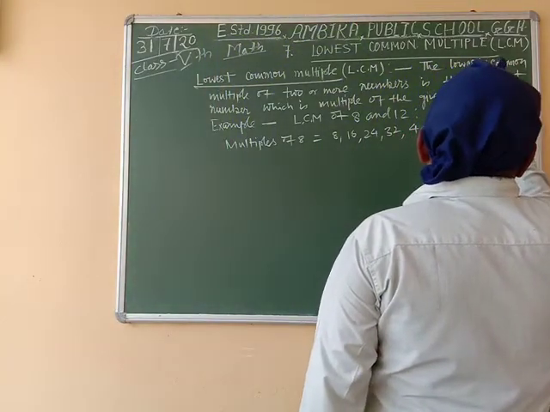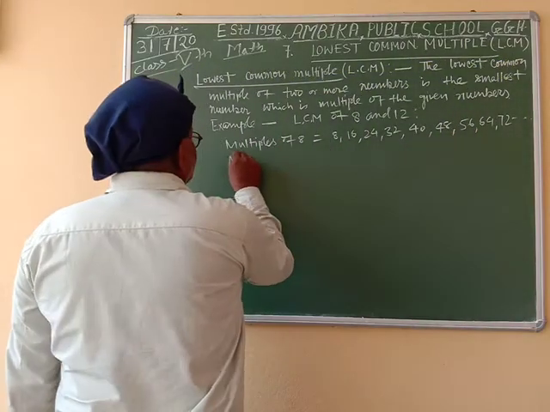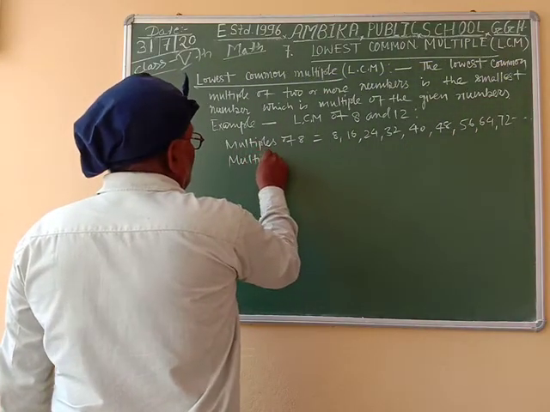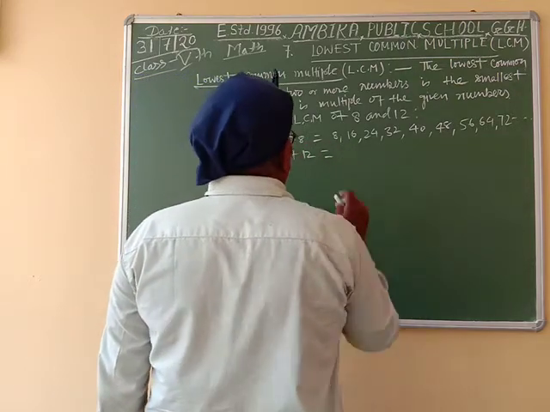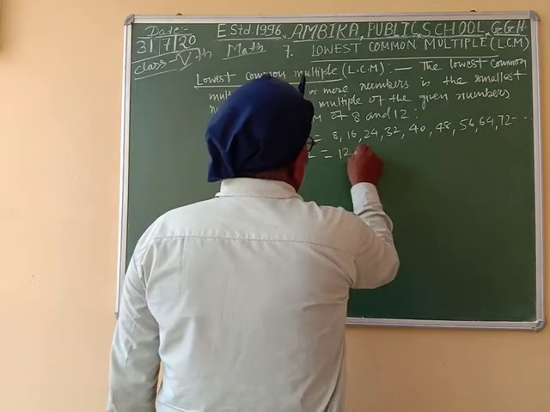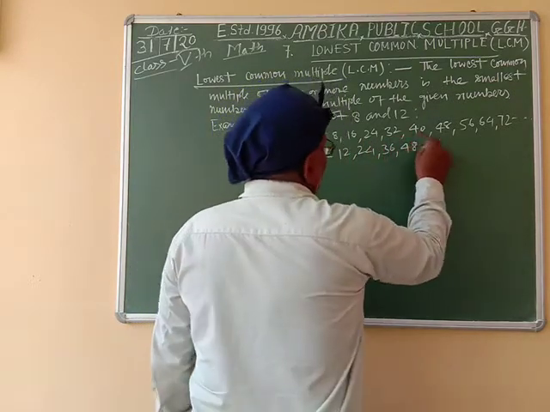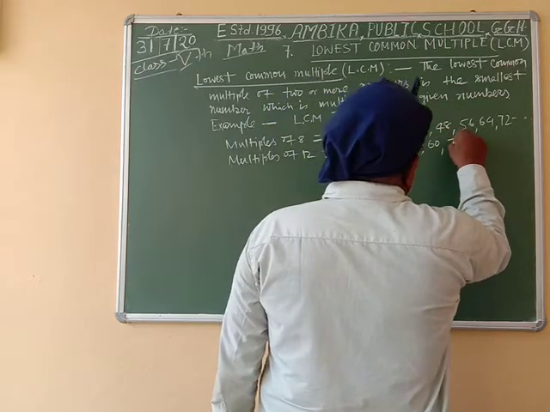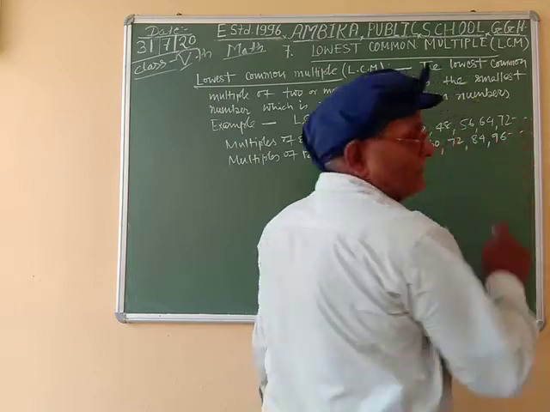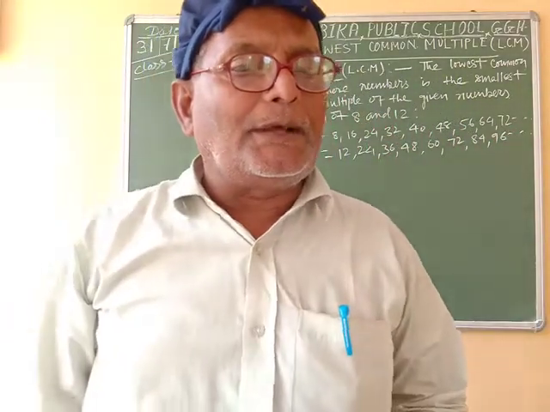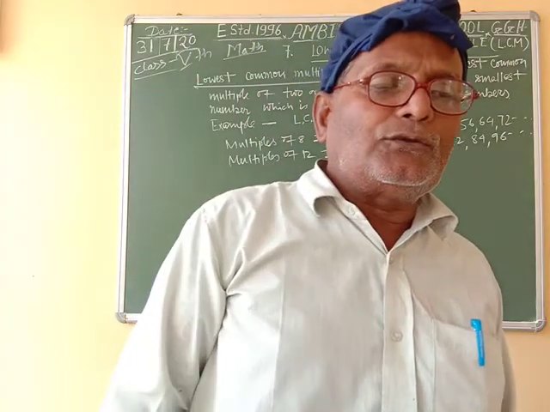Multiples of 12 are 12, 24, 36, 48, 60, 72, 84.